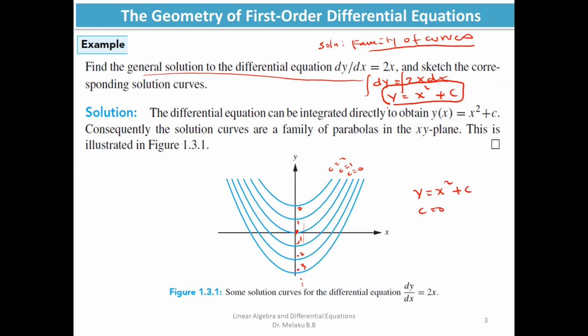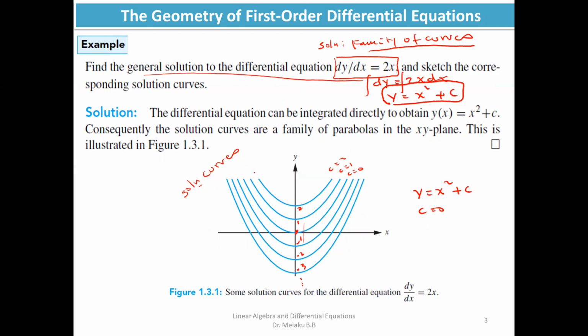In general, the solution y is equal to x squared plus c is simply a family of parabola curves, as you can see here. These are solution curves for the differential equation dy by dx equal to 2x.